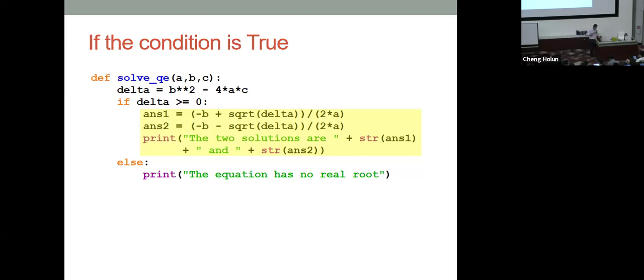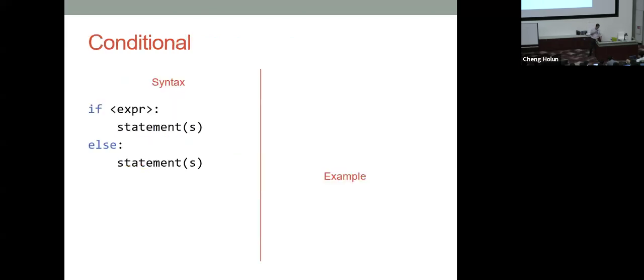Otherwise, else, I will print, sorry, I cannot compute the answer, or your answer is imaginary. Of course, if you want to go more advanced, Python has a complex number library or package. You can say, I try to compute a complex solution for you, something plus something. You can do that. But it's illustrating that if the delta is negative or not negative, I can make a decision for doing different things. So the usual, what we call syntax, is just like that.